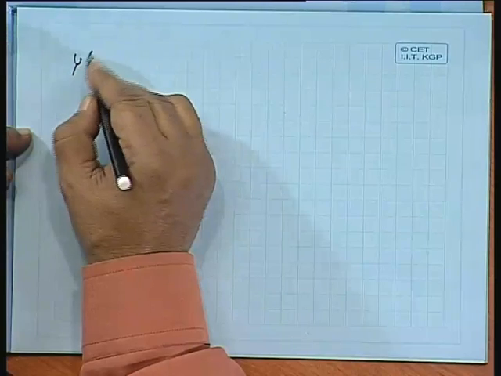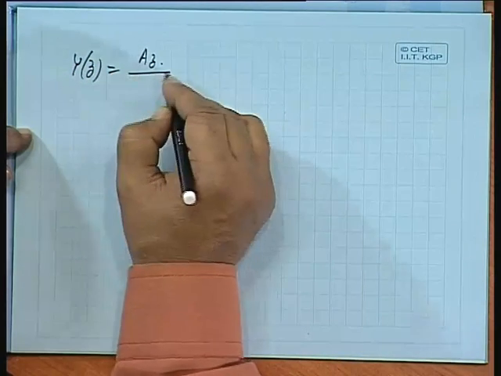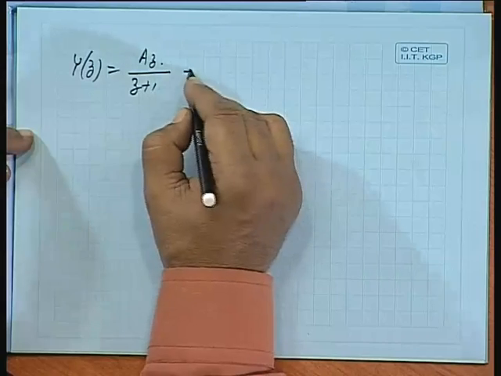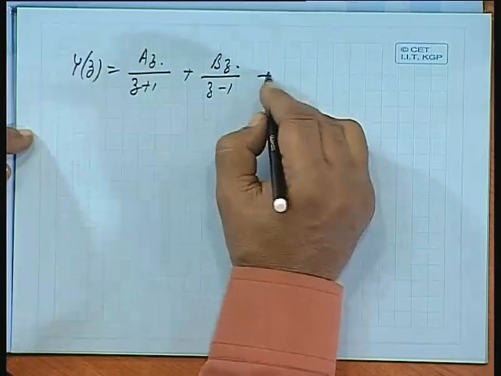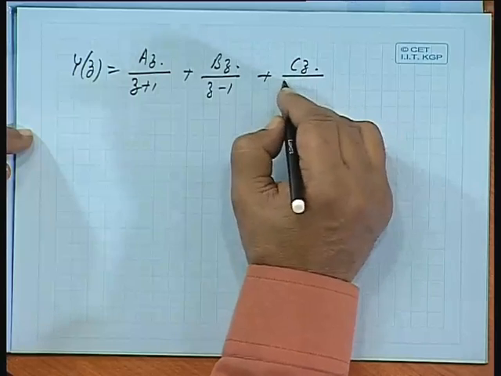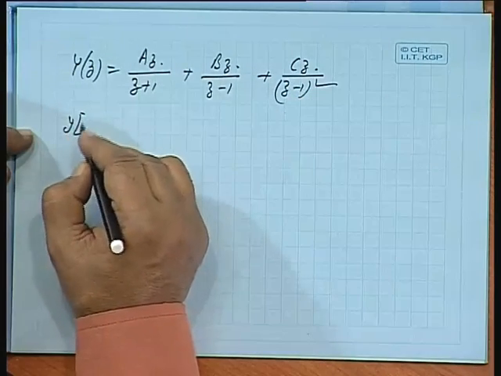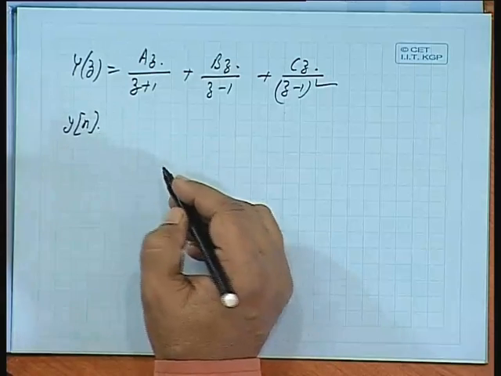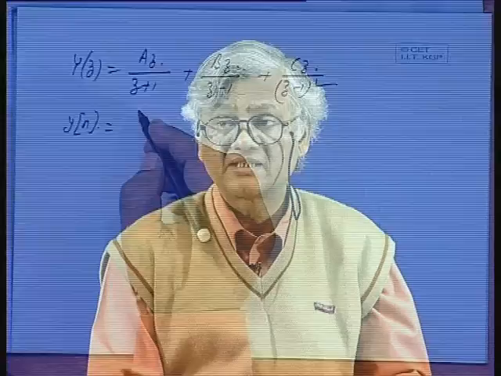So, Y(z) will be az by z plus 1 plus bz by z minus 1 plus cz by z minus 1 whole squared. Therefore, y n, if you take the inverse of this, az by z plus 1, how much is it?